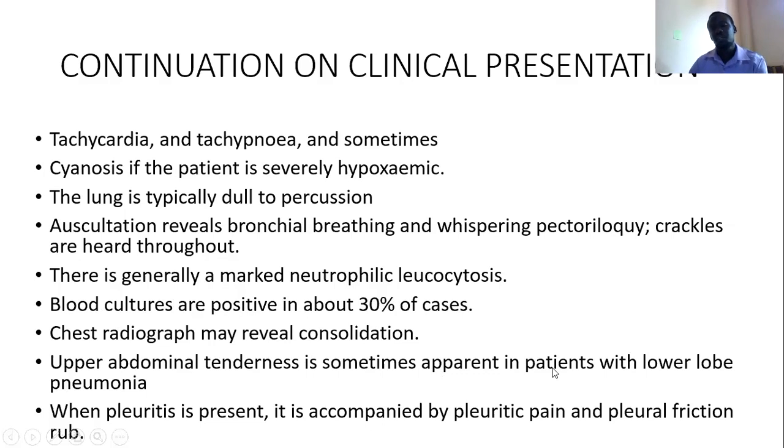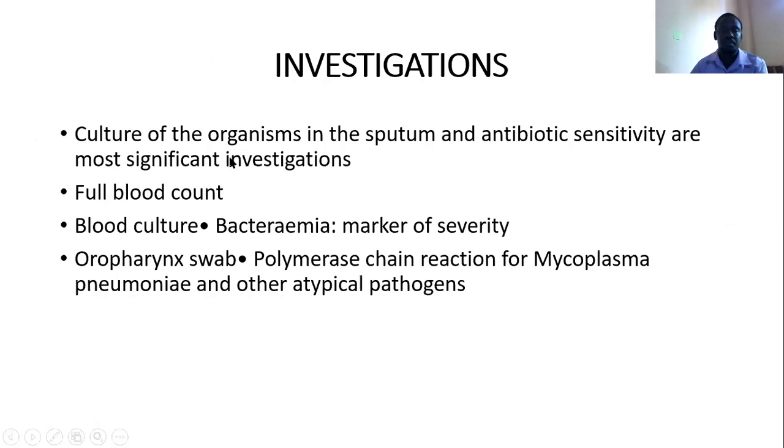It's sometimes apparent in patients with lower lobe pneumonia. So depending on the lobe affected, you might get upper abdominal tenderness, especially if the lower lobes are involved. When pleuritis is present, it is accompanied by pleuritic pain and pleural friction rub. So we have talked about that.